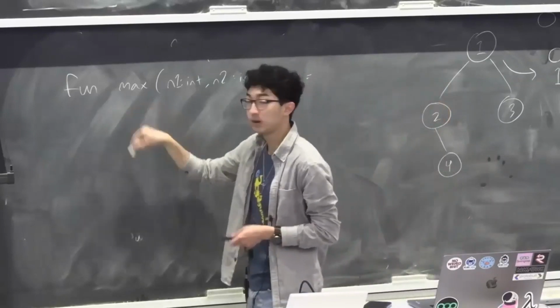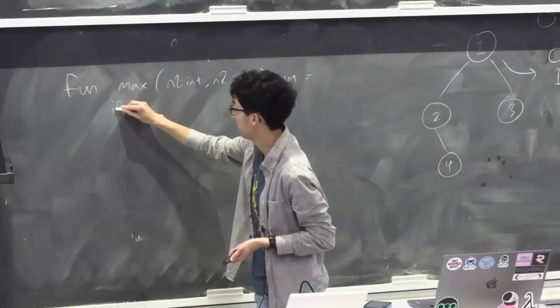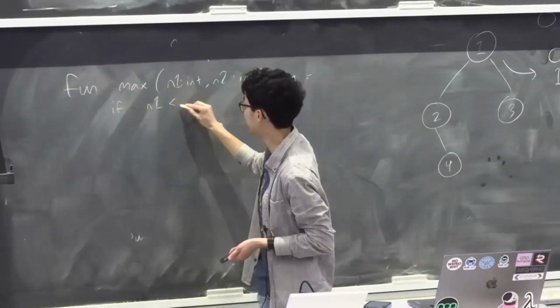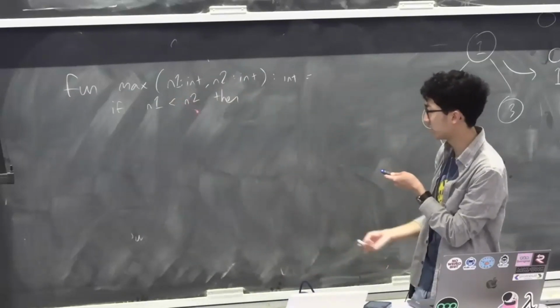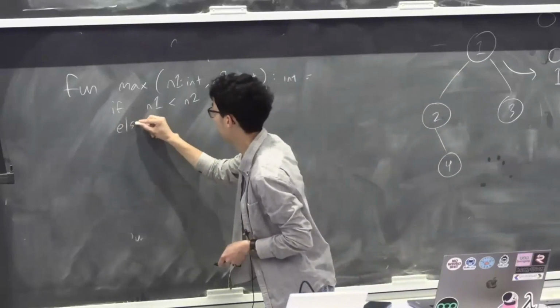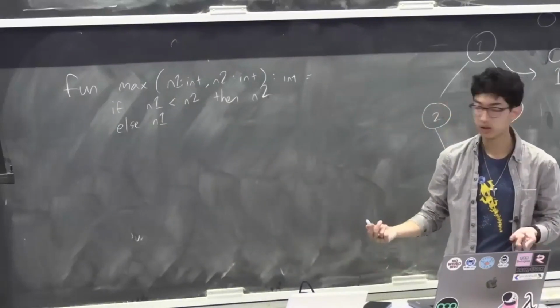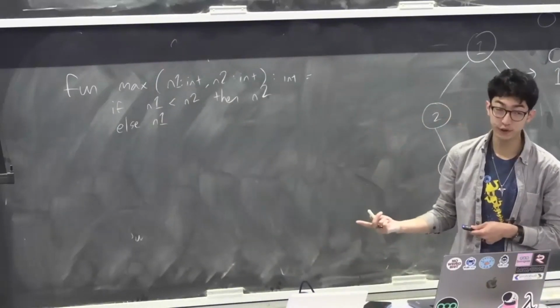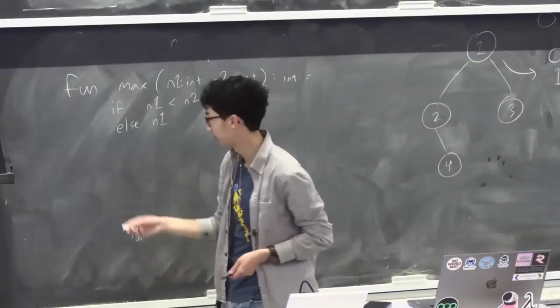We can do this because SML has comparison operators. So we say, if n1 is less than n2, then I probably just want the greater of the two, which is n2. Else I want n1. Otherwise, if n1 is the same as n2, then I don't really care. Just do whichever. I'm going to define this for you, and then we're going to see what we use it for. Let's define the depth function now.